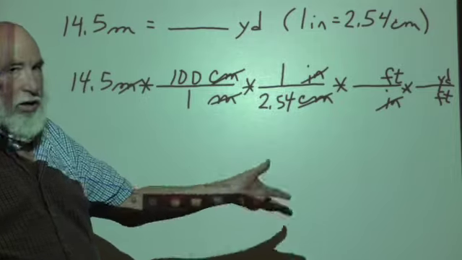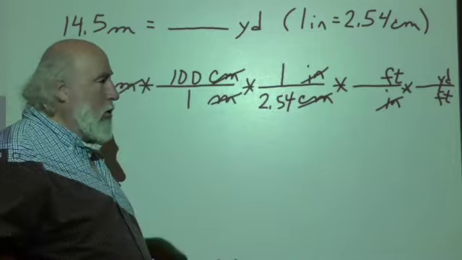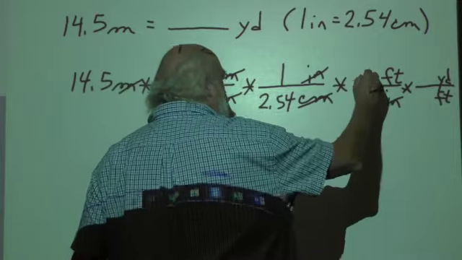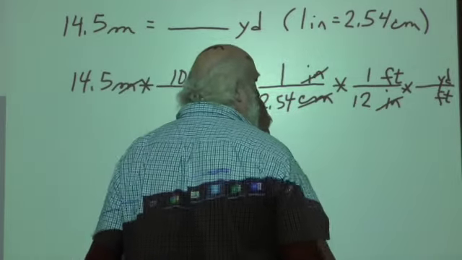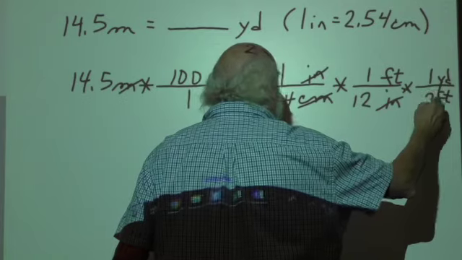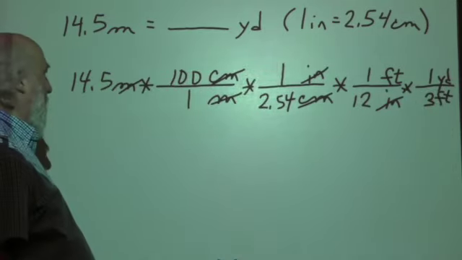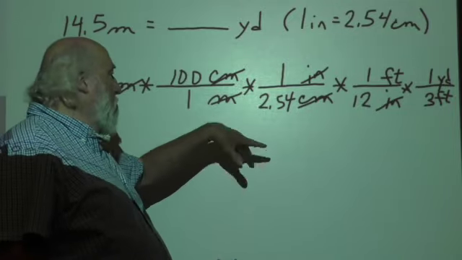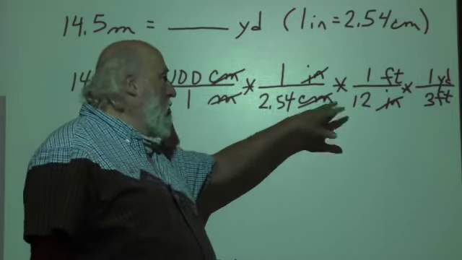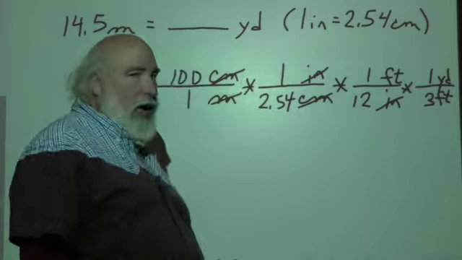Now we go to the English conversions, which we theoretically know. 1 foot is equal to 12 inches, and 1 yard is equal to 3 feet. So on our calculator, we're going to take 14.5 times 100 divided by 2.54 divided by 12 divided by 3.